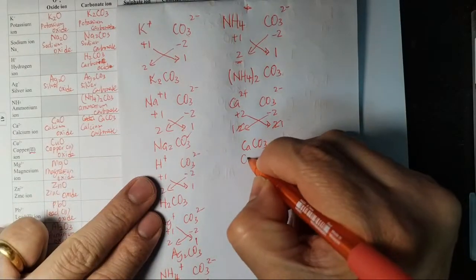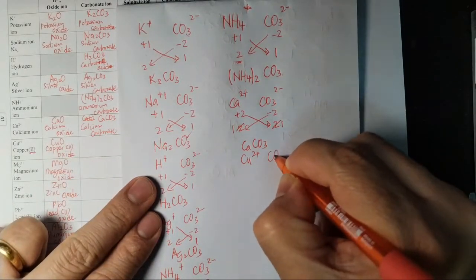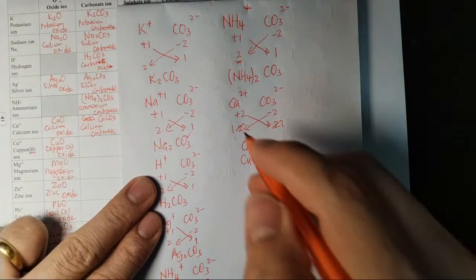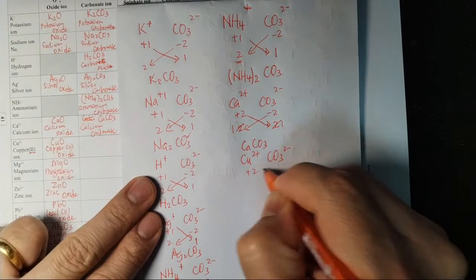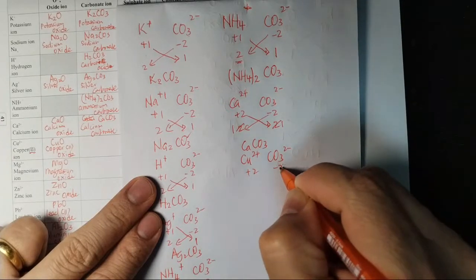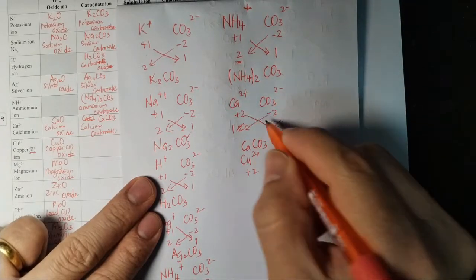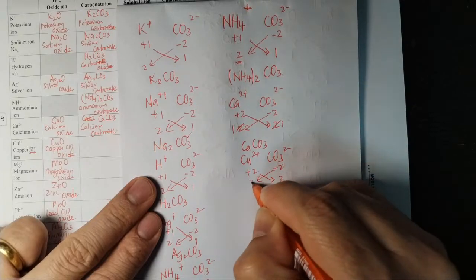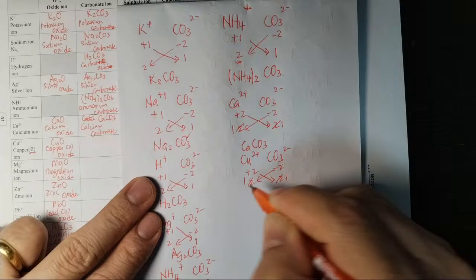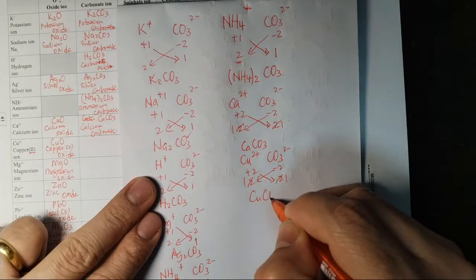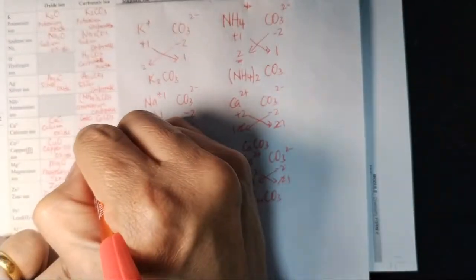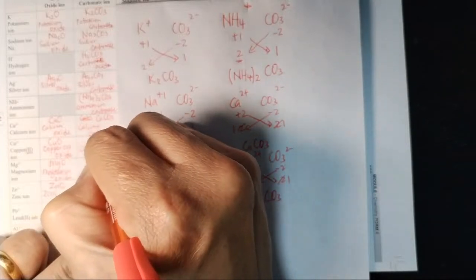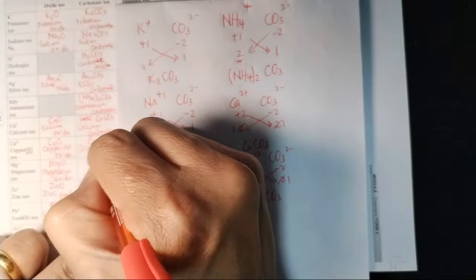Copper 2 carbonate. Okay, so positive 2, negative 2. So if 2, 2, directly if you do the same thing, you get the 1, 1, right? So when you are very fast already, you can write it directly, copper 2 carbonate.